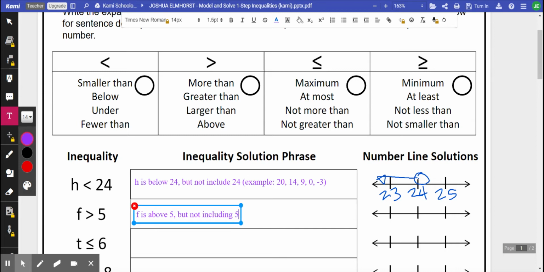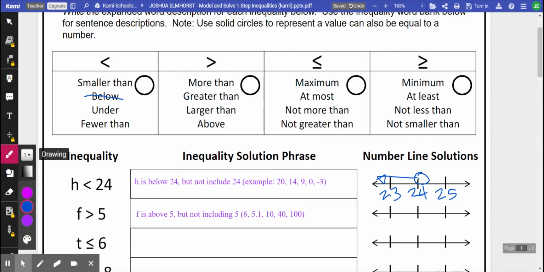And we don't have to put examples for all these, but you can if you like. Maybe I'll just do one more here. So 6, we could say 5.1. That's bigger. It's above 5. 10, 40, you could even say 100 is above that. So any number that is above 5.